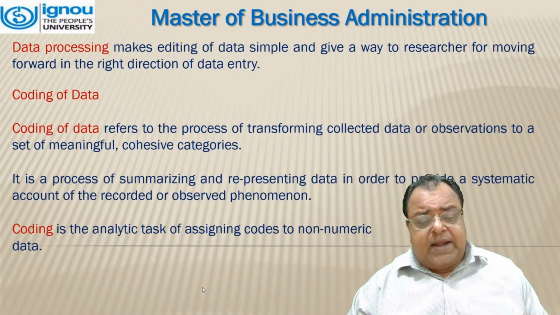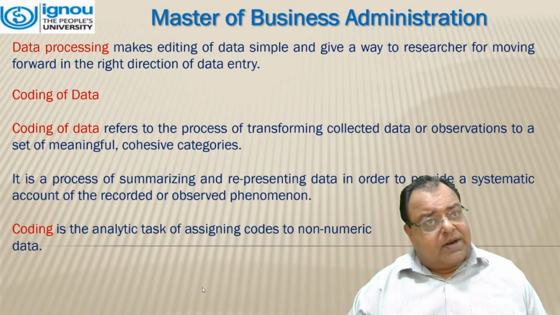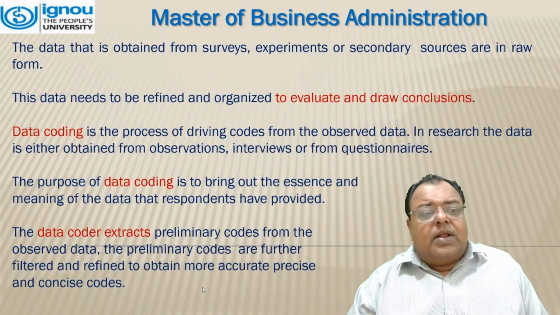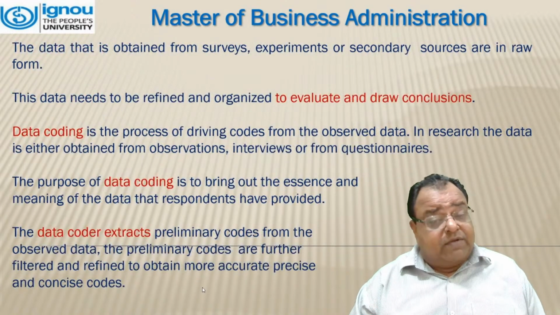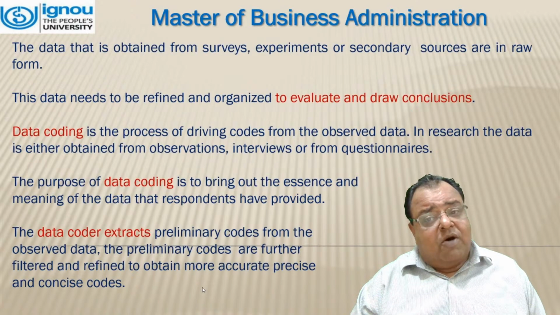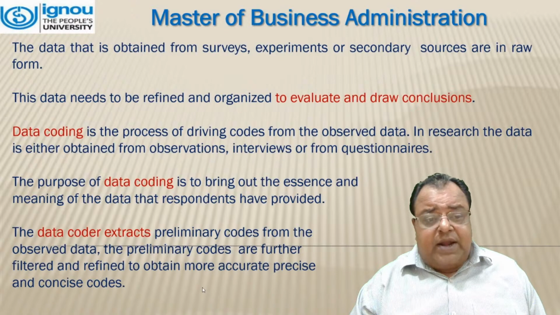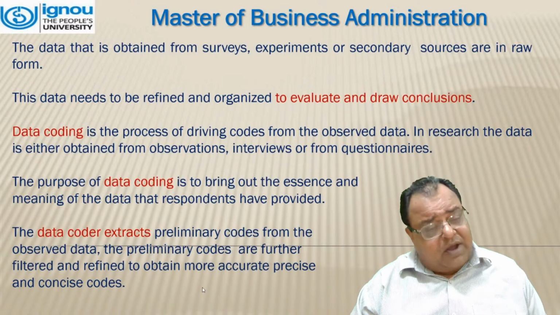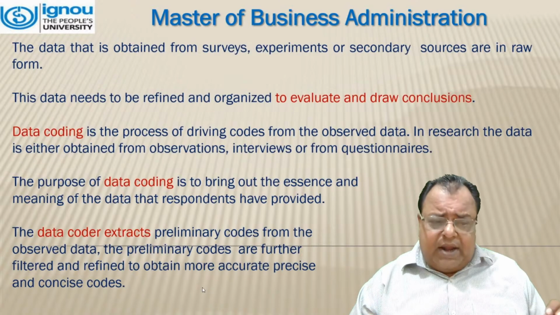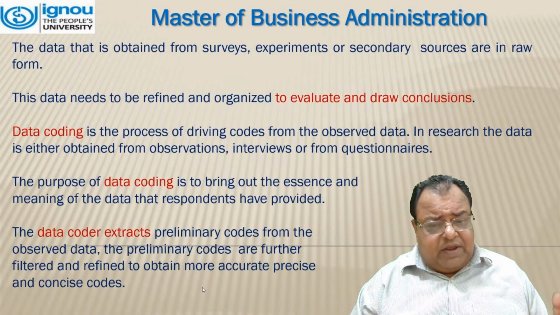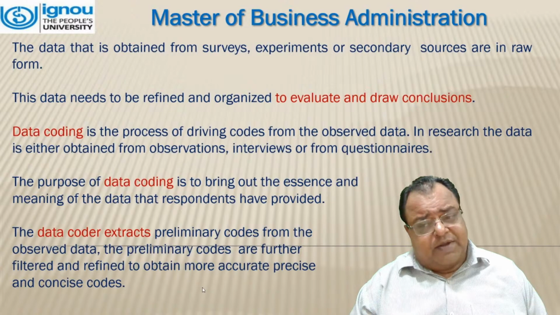Coding is the analytical task of assigning codes to non-numerical data. The data that is obtained from surveys, experiments, or secondary sources is in raw form. This data needs to be refined and organized to evaluate and draw conclusions. Data coding is a process of deriving codes from the observed data.